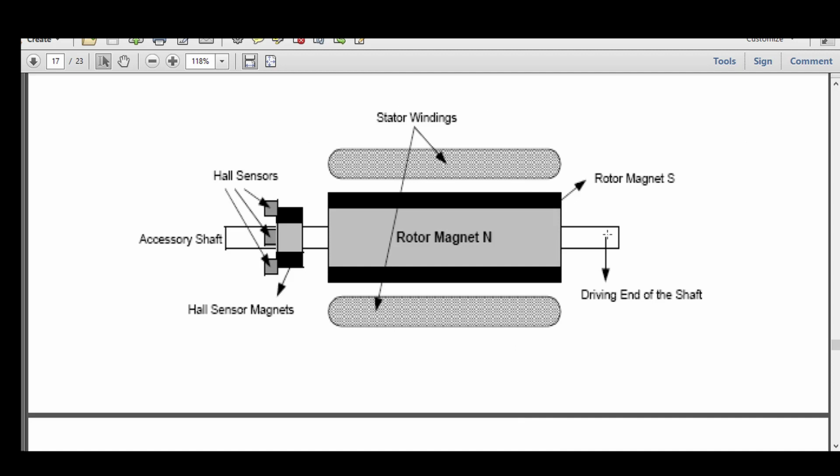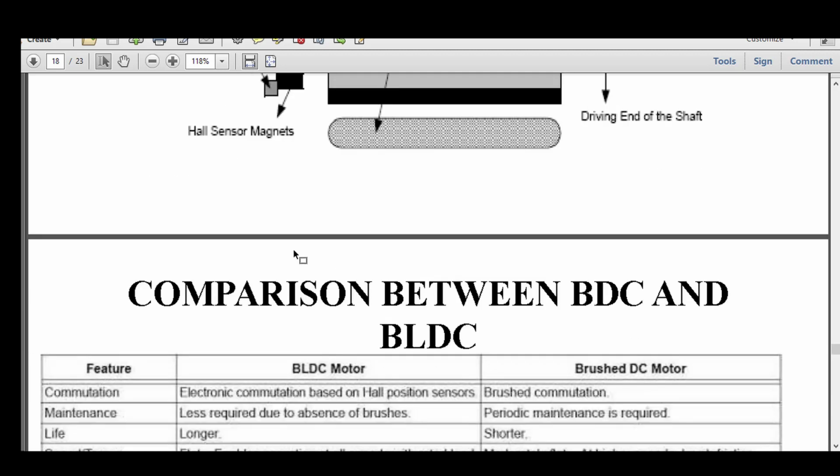Here you can understand what is happening. This is the stator winding; we are taking the side view. This is the rotor magnet, and there is a Hall sensor and the Hall sensor's magnet. So when it rotates, this Hall voltage will be sensed to understand the rotor position.